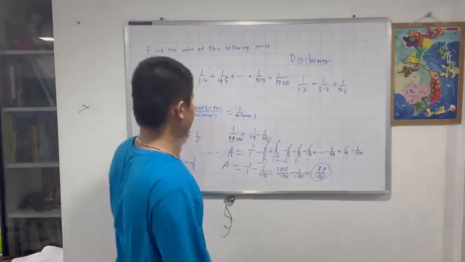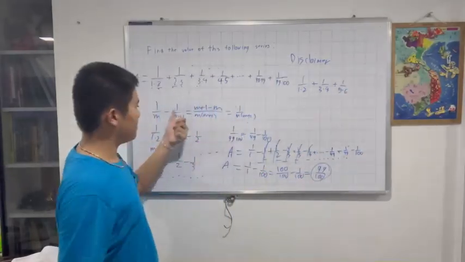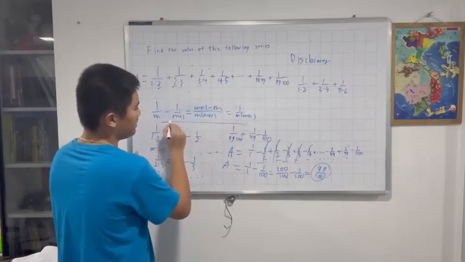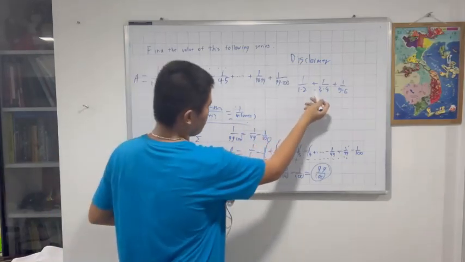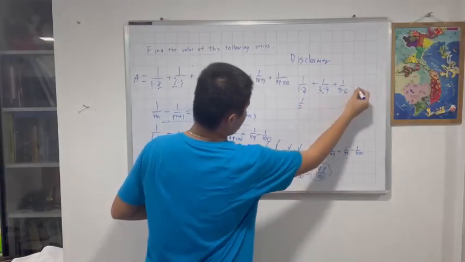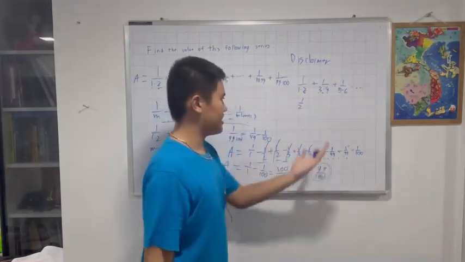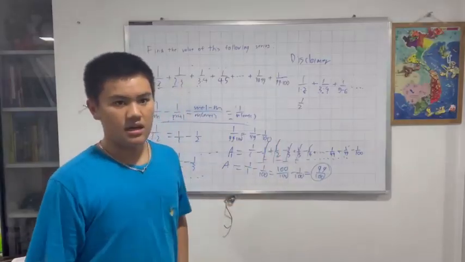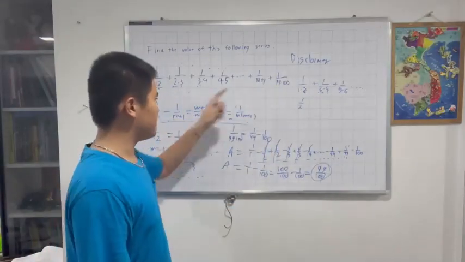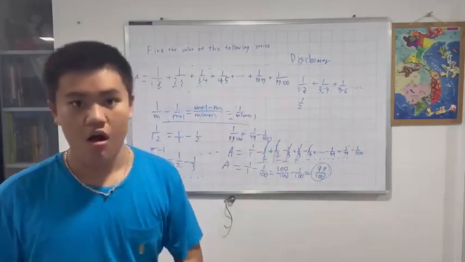Well, it's not the same as this. So most people will try to implement this technique there, but be careful. For this type of series, there's a different technique to solve it. So disclaimer, don't try to use this technique on this type of series.